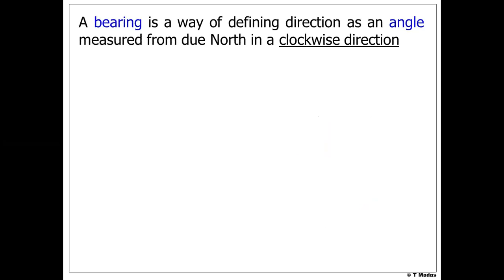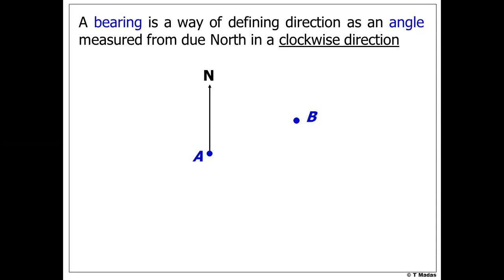Okay, as we can see, bearing is a way of defining direction as an angle. So bearing is an angle that starts from the north, going clockwise to the other side that we want to measure. For example, if I have point A and point B, that's point A with a line pointing to the north.